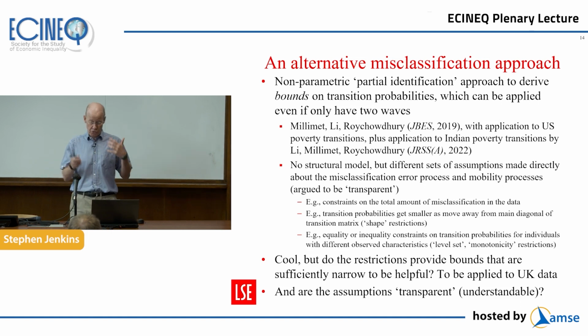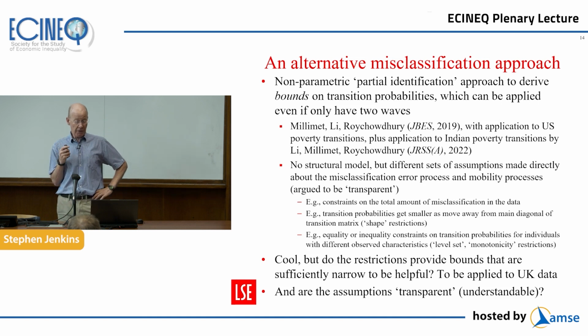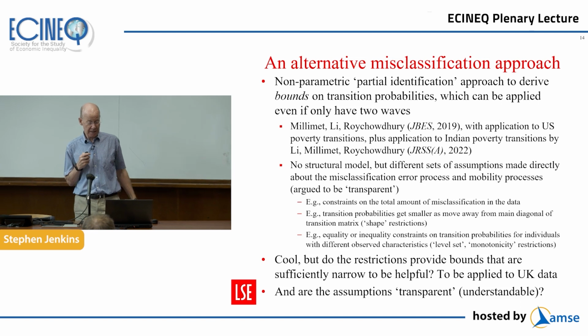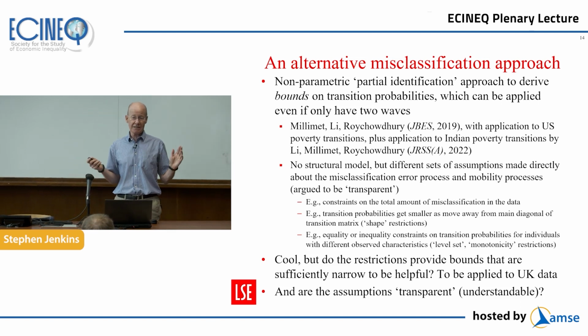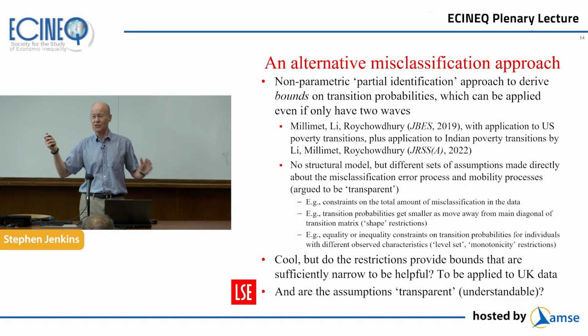But basically what you do is make a series of assumptions about the misclassification error process and the mobility processes. Now, these guys argue that these assumptions are fairly transparent, and I've listed them here. Just reading them, I don't find them entirely transparent.